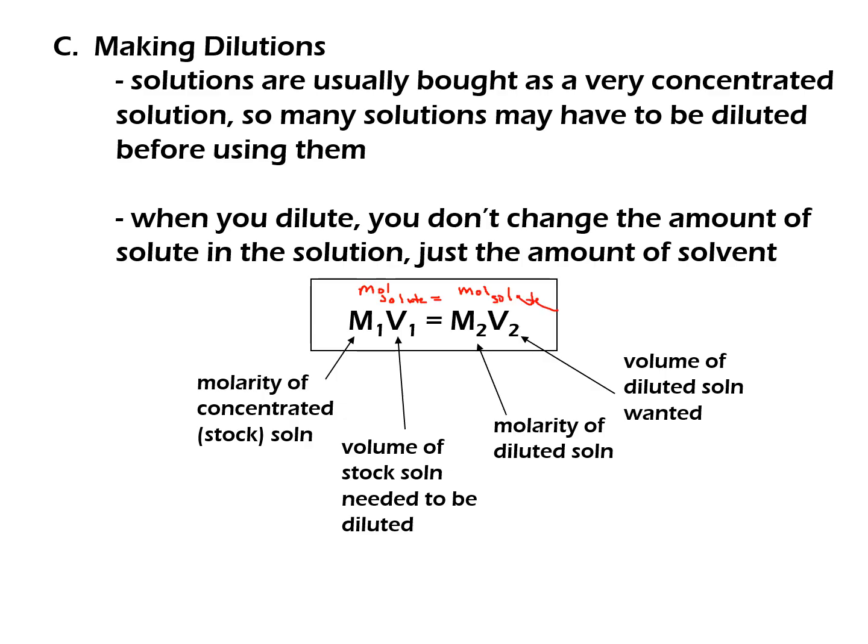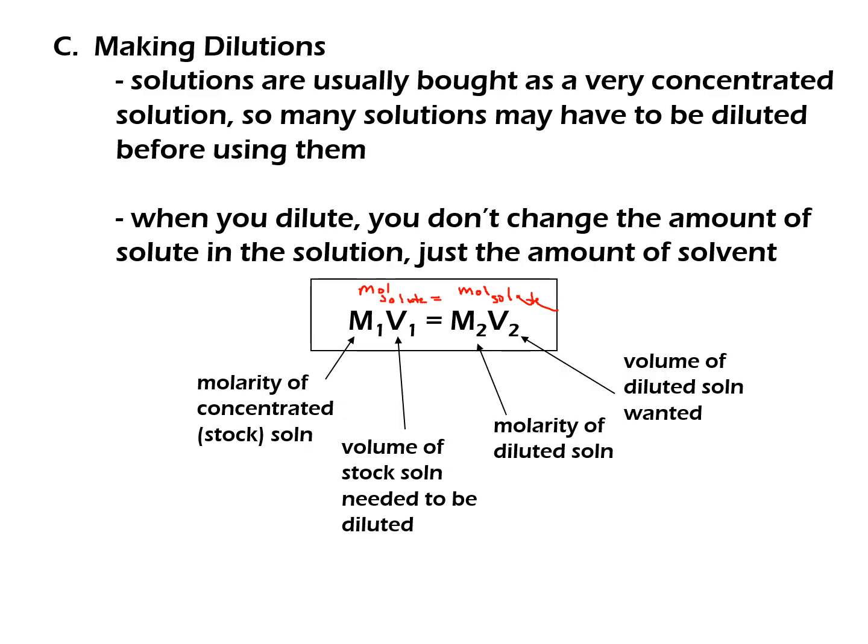What's the only difference here? The only difference is we're changing the amount of water. We're changing the amount of solution total that we're making. That's why the V's are going to be different, and that's going to make the M's, the capital M's, different. But the moles of solute is not changing. I'm not dissolving more or less stuff in it. I'm just changing the amount of water that it is dissolved in.